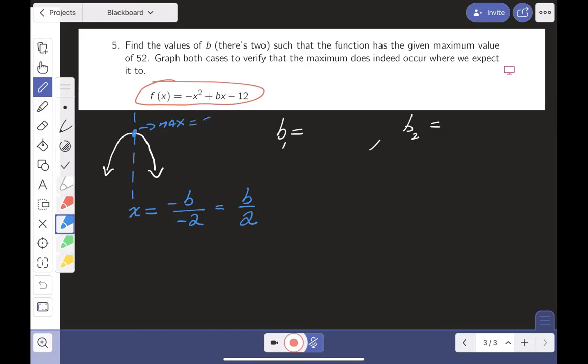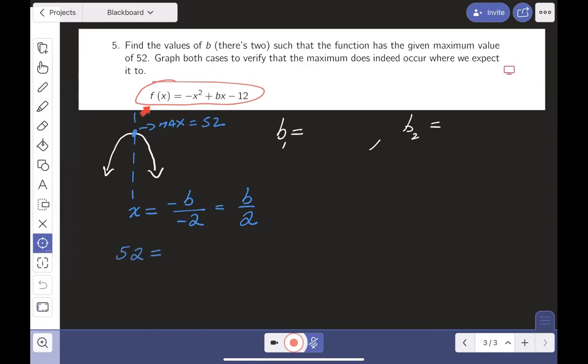What does that mean? That means the y, or the function, is equal to 52. So let's write that down. 52 is the maximum the function will take on. When does that occur? At this particular value of x here. So I'm just going to plug it in up here.